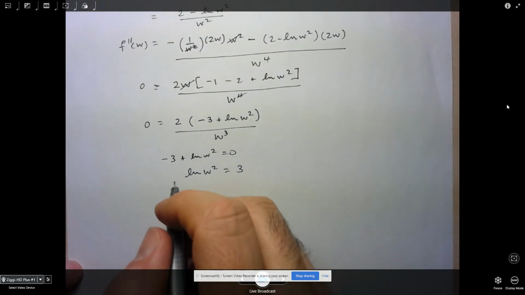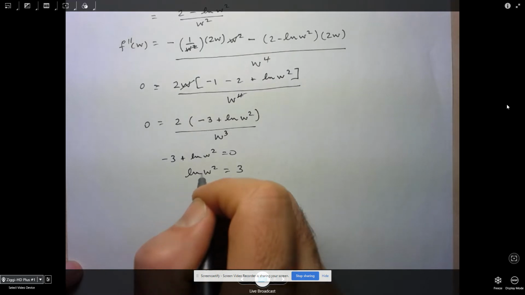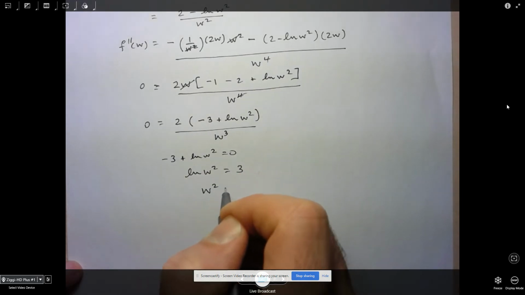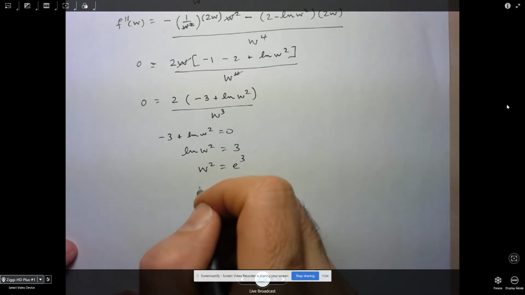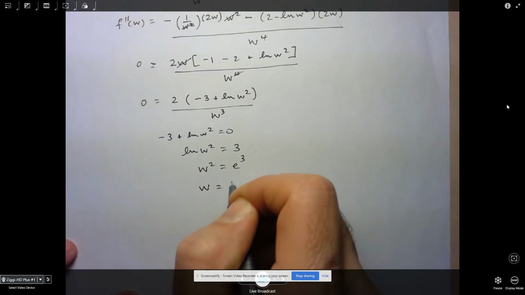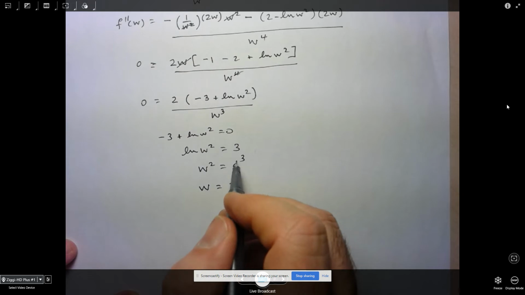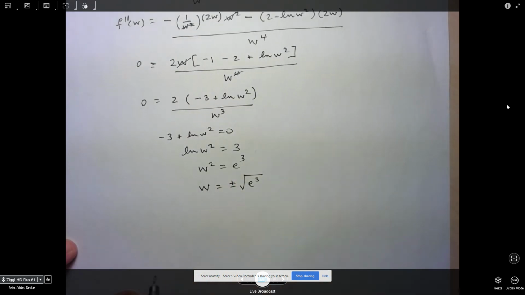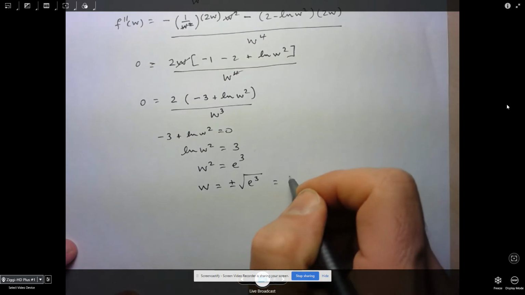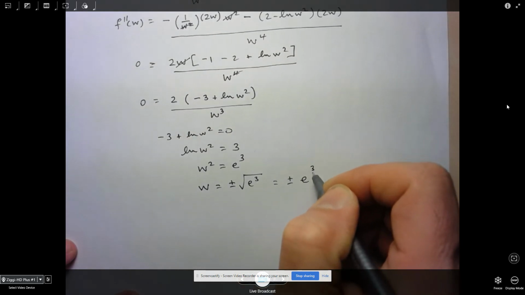So e to the ln w squared is just going to be w squared, equals e cubed. And now finally I can solve for w. So w is equal to positive or negative, remember, I'm taking the square root here, so the square root of e cubed, or I can write it as positive or negative e to the 3 over 2.